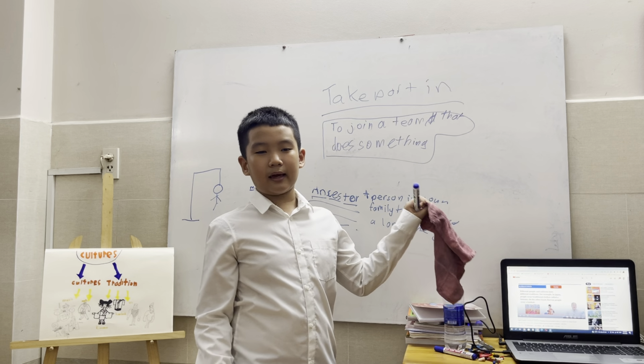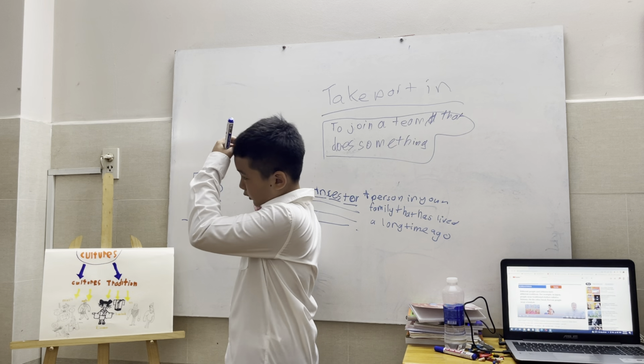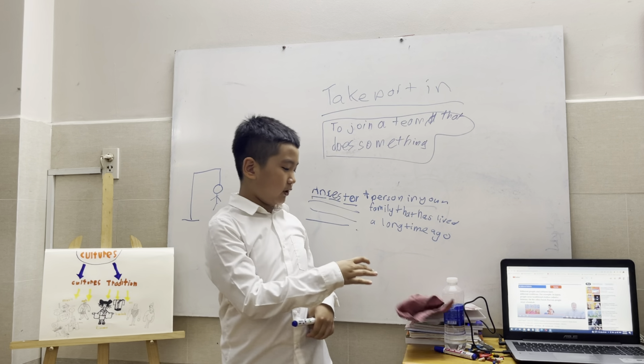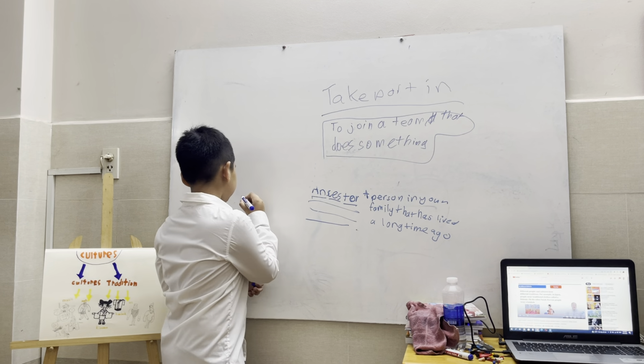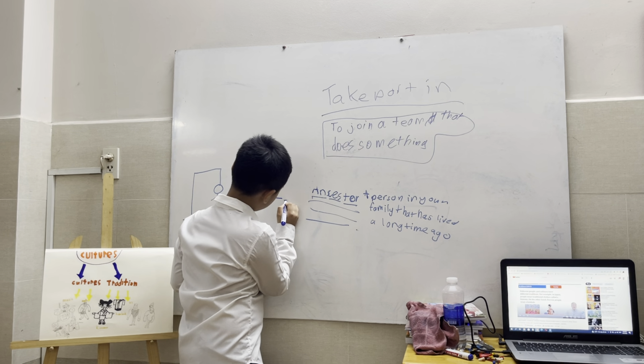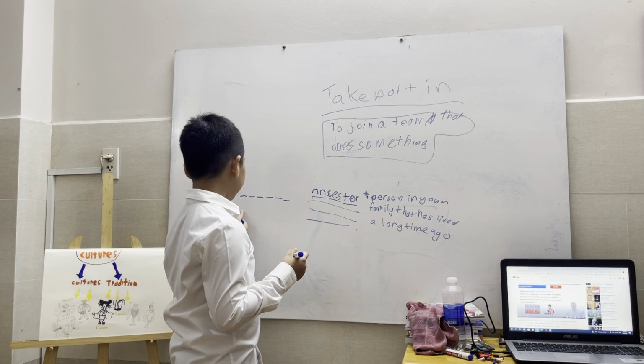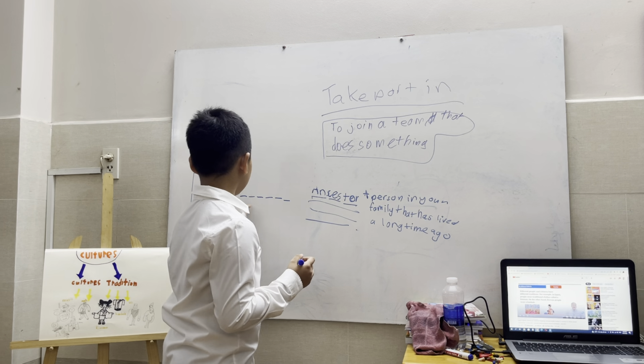Now I'll give you another crossword. This word is a little long, so be careful. What is this word? Well, there are 1, 2, 3, 4, 5, 6. If you guessed pizza, you're wrong.